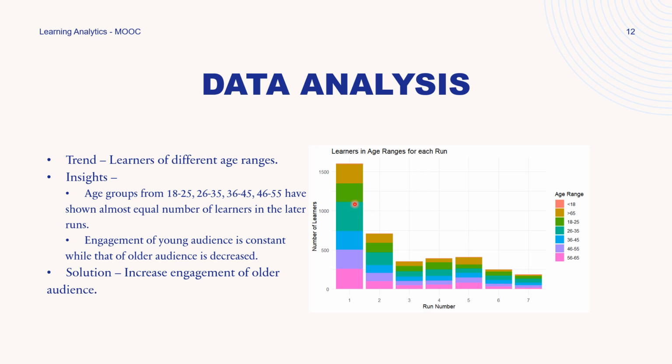The next analysis I've done is based on the age ranges of the learners. As we can see, in the latest runs, the numbers for ages 18 to 25, 26 to 35, 36 to 45, and 46 to 55 are quite similar to each other, but the older audience has decreased over the runs. My solution would be to increase the engagement of the older audience too.